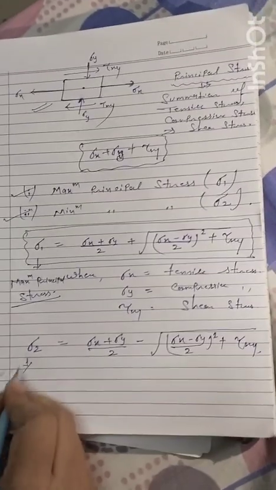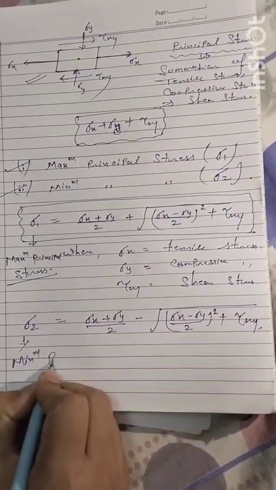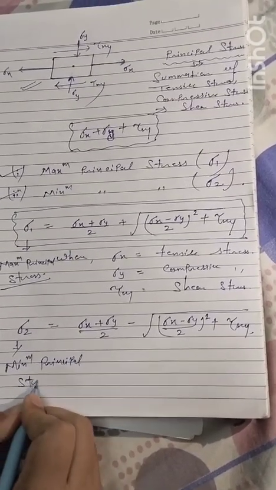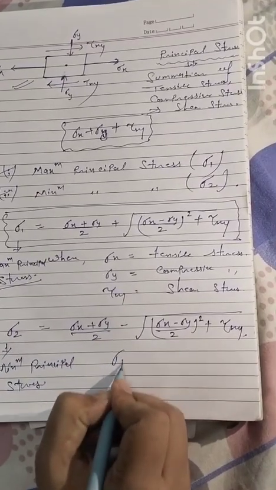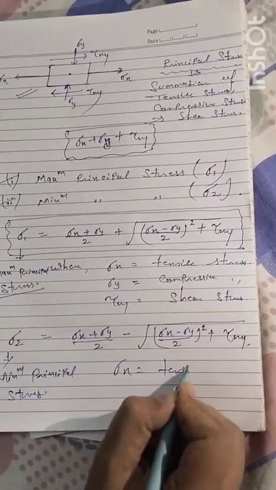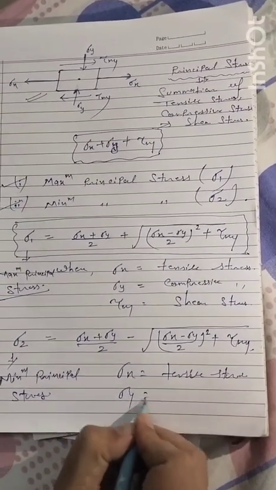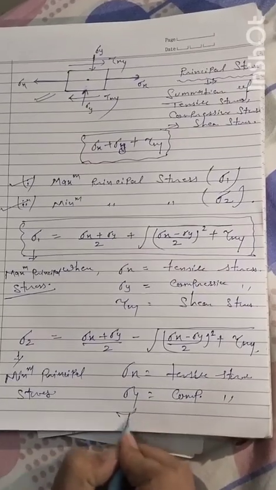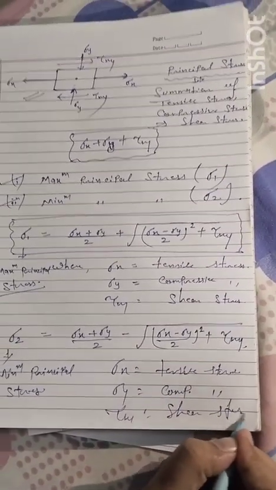Here this sigma 2 will be called minimum principal stress, and this will be the same: sigma x will be tensile stress, sigma y will be compressive stress, and tau xy will be shear stress.